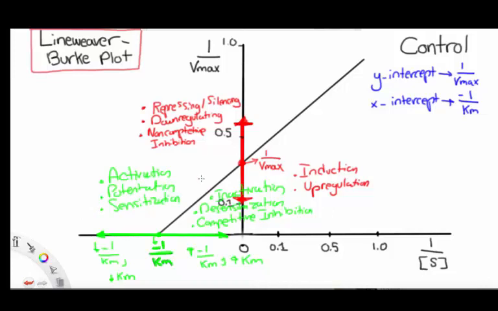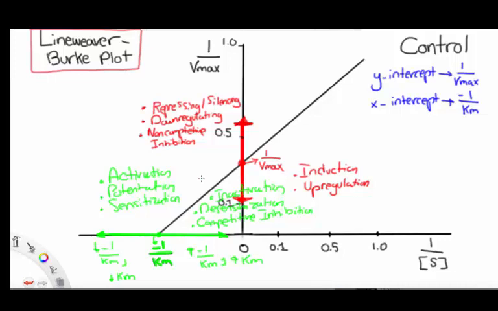So these are the ways that we look at the Lineweaver-Burk plot. Remember how to represent the Km and the Vmax on the Michaelis-Menten and the Lineweaver-Burk plots, remember what are the mechanisms by which you can change the Vmax and the Km on the Lineweaver-Burk and the Michaelis-Menten plots, and remember the different actions.